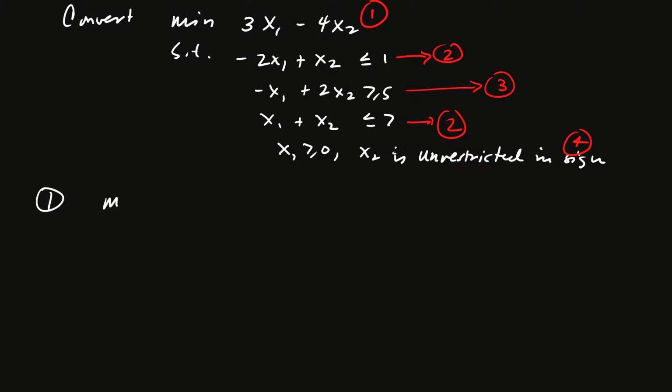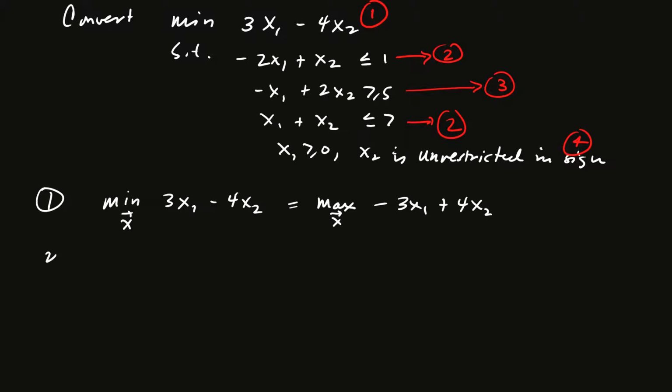So the minimum of 3x1 minus 4x2 over all possible x is equal to the maximum of minus 3x1 plus 4x2. So I'm taking the negative of my function, and my new function will be minus 3x1 plus 4x2.